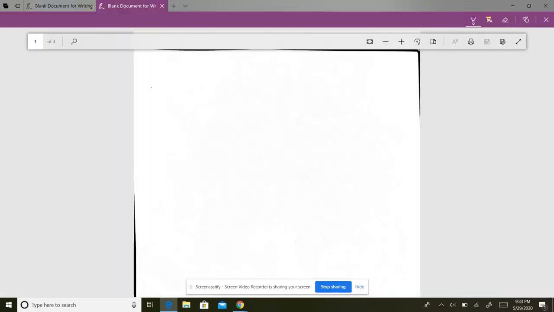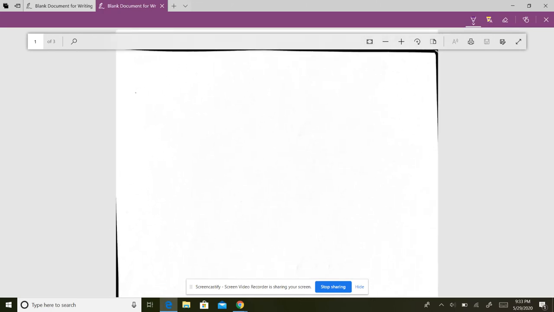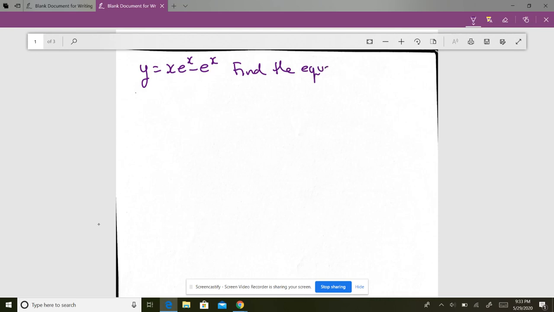Last question is going to be: if we have y is equal to x e to the x minus e to the x, find the equation of the tangent line at (1, 0). Okay.